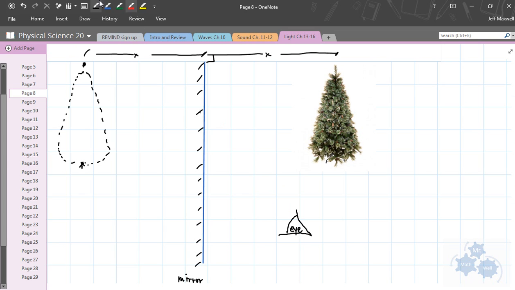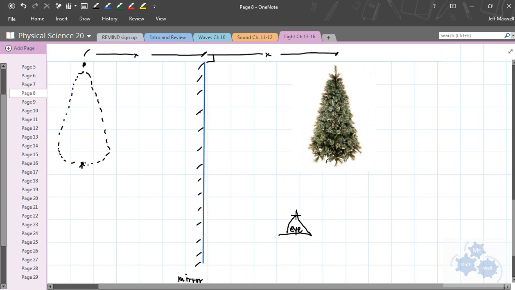From the top of the eye, don't draw this yet, but from the top of the eyeball to the top of the image, this is how the eye sees the image. Now, this line should be dotted here, but that's literally what you're going to do. Draw a straight line with your ruler from the top of the eyeball to the top of the image. It's dotted behind the line.